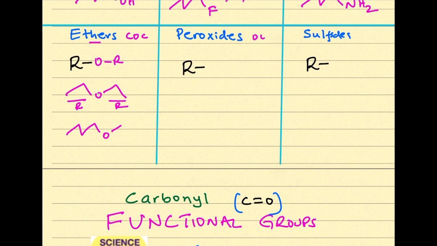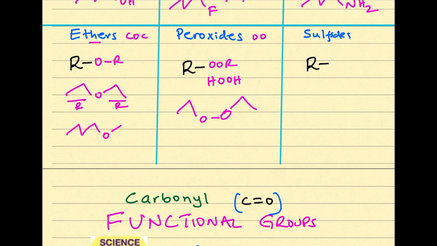Peroxides have an OO bond. So they have a carbon, oxygen, oxygen bond. For example, OOR, so that's a peroxide with 2 alkyl groups on either side, or you could have something like hydrogen peroxide or other types of peroxides. That would be a peroxide.